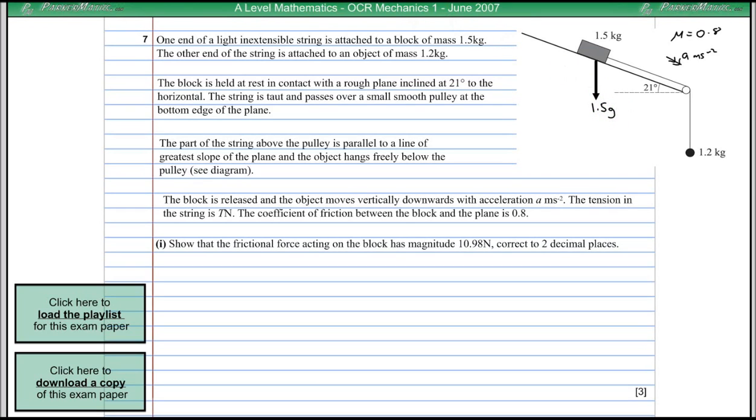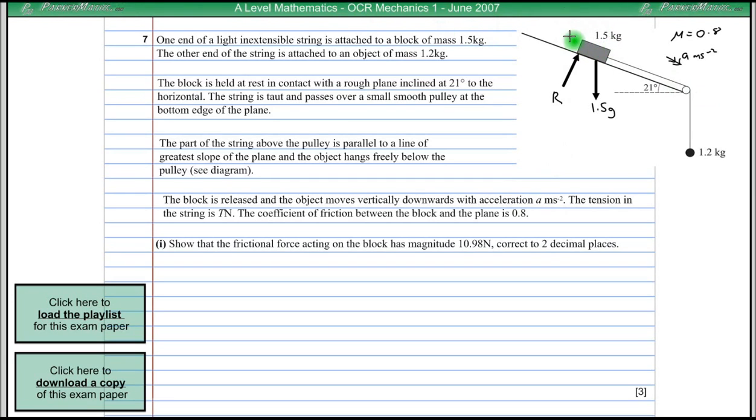And we know there will be a normal contact force, which is perpendicular to the slope, which we'll call R. So we've also got the friction actually. Let's put the friction on, almost forgot.